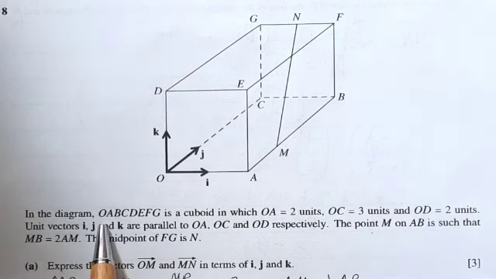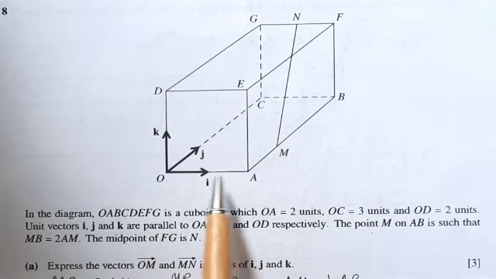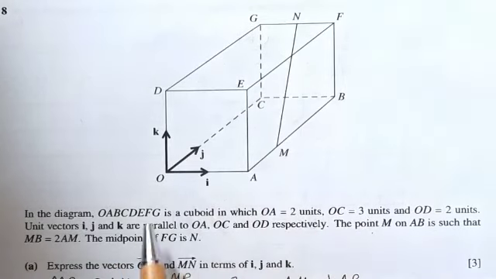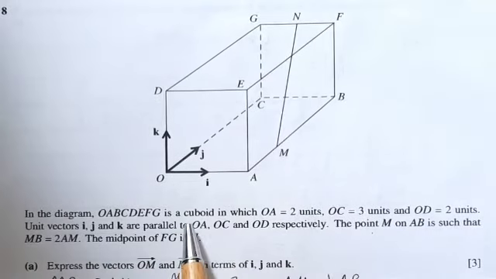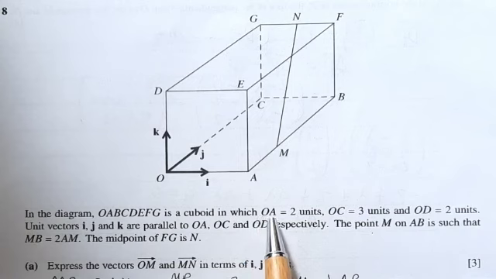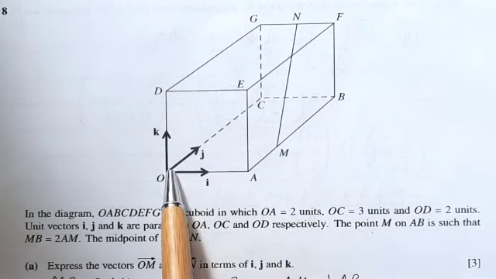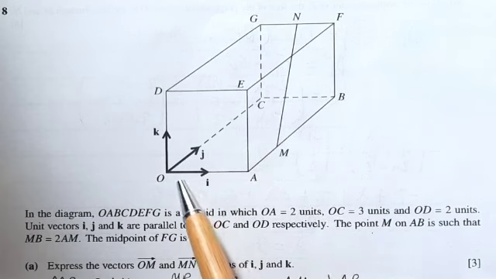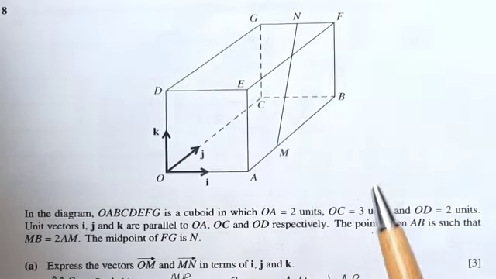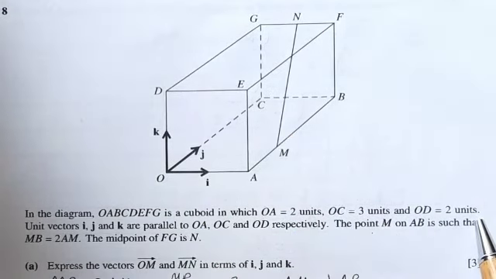In the diagram, OABCDEFG is a cuboid in which OA is 2 units. This is OA. The length of OA is 2 units, OC is 3 units, from O to C is 3 units, and OD is 2 units.